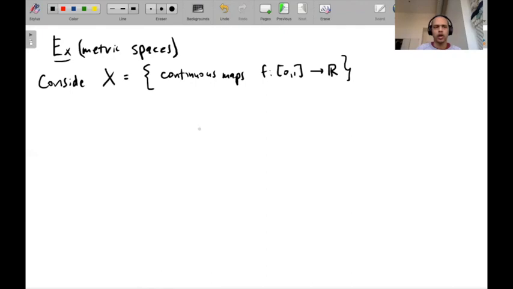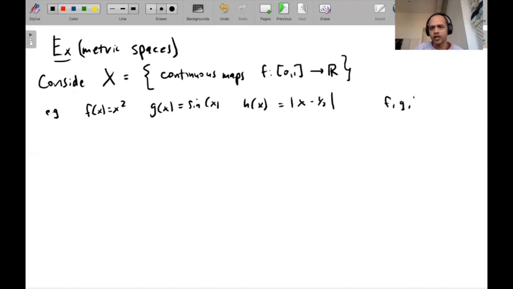So for example, f of x is x squared, g of x is sine x, h of x is absolute value of x minus 1/2. These are all elements in X. So the elements of X are functions.